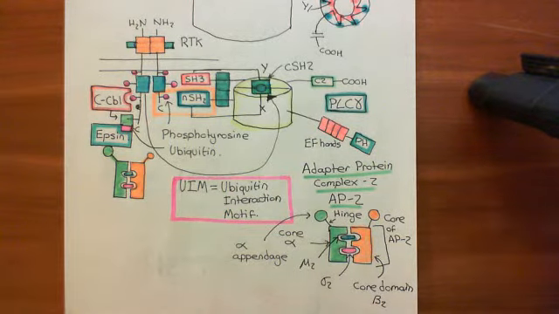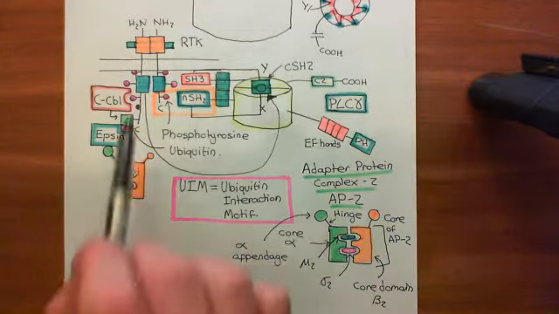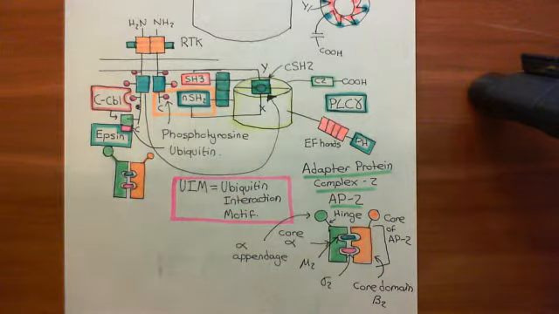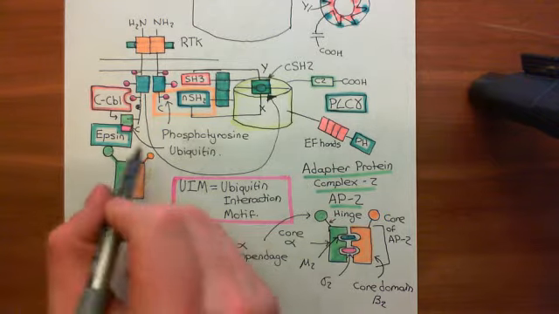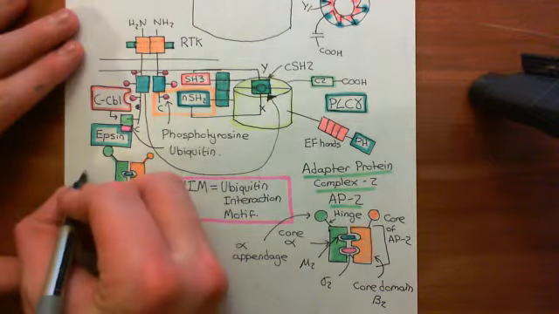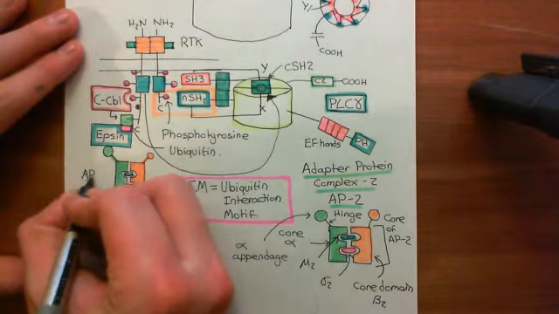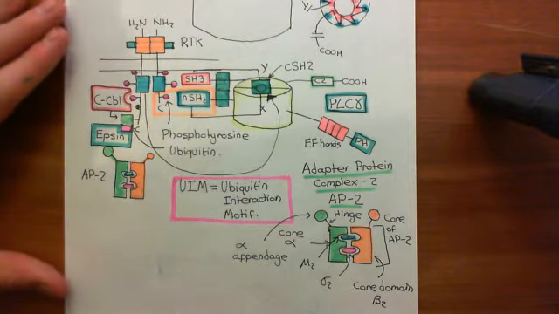Now, overall then, we've assembled this large complex on the bottom of our receptor tyrosine kinase. This is going to result in the recruitment of Clathrin to the receptor tyrosine kinase. So adaptor protein complex 2s, these will recruit Clathrin. They will bind to Clathrin molecules.